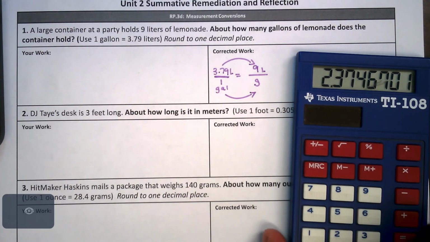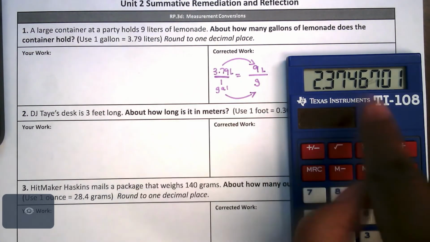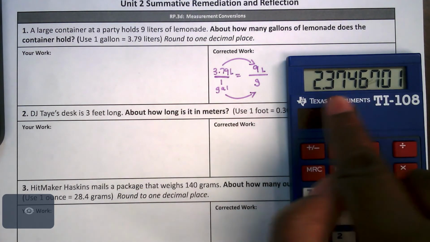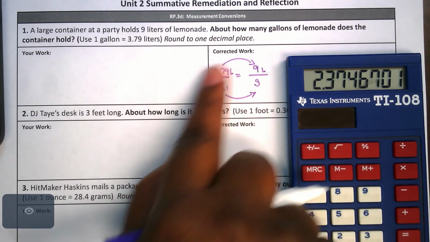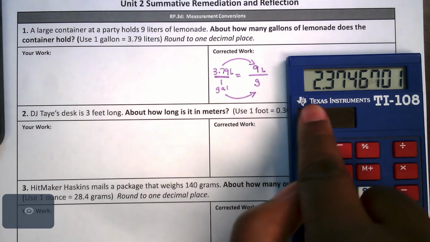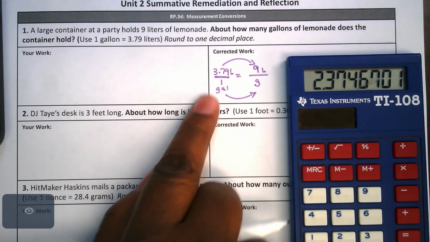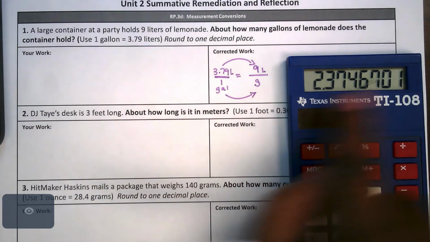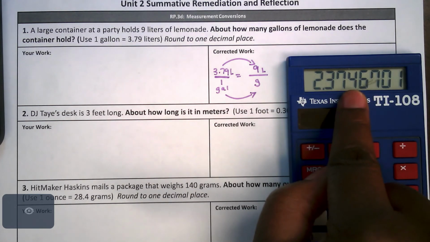All right. And here's the cool thing. This means that this is the number that I multiplied by to get to 9. From 3.79 up to 9, I had to multiply by 2.3746701. So that means since I have a 1 here, I'm timesing this 1 times that, and I'm going to get this number all over again.